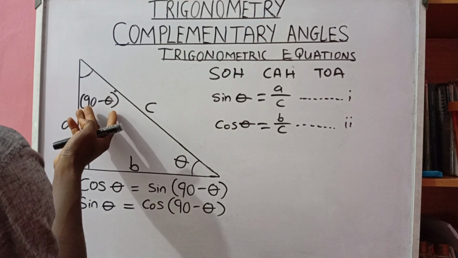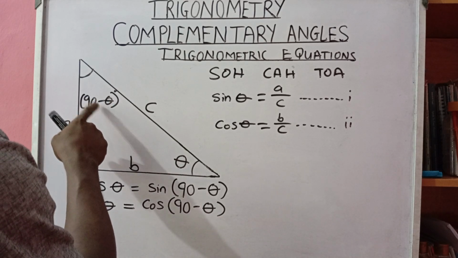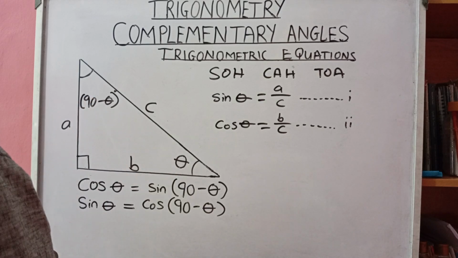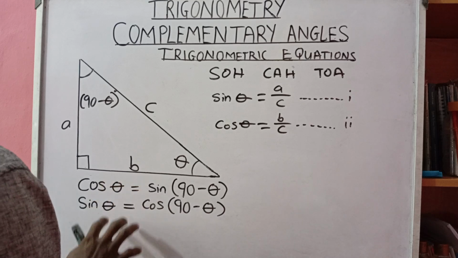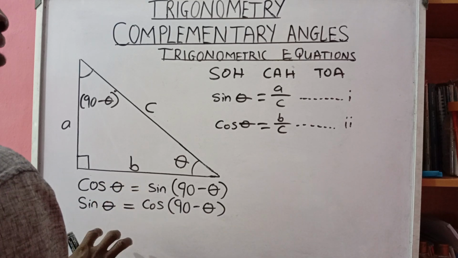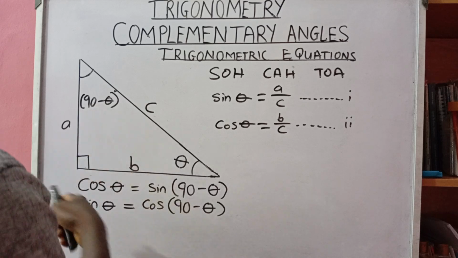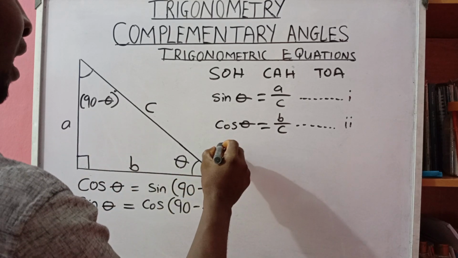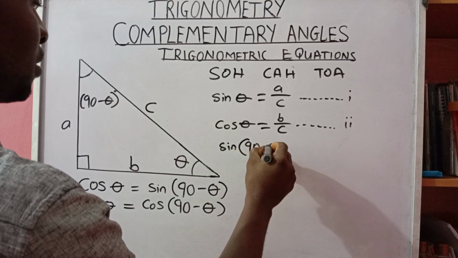All right, so we are done with using theta. Now let's use this other angle, which is 90 minus theta, and get the sine of this and also the cos of this. Our aim here is to establish this formula so you know how it comes about. We shall be using it to solve some problems on trigonometric equations. Now let's begin with sine of 90 minus theta.